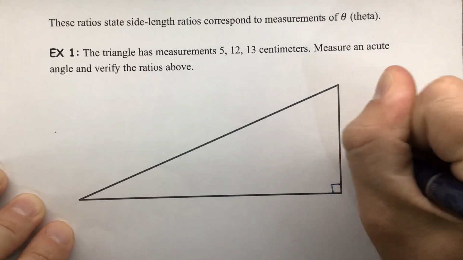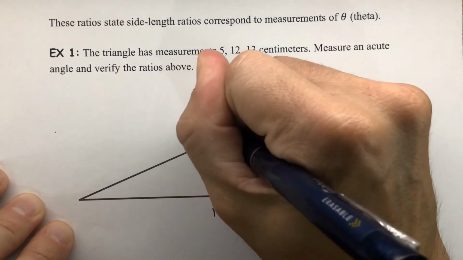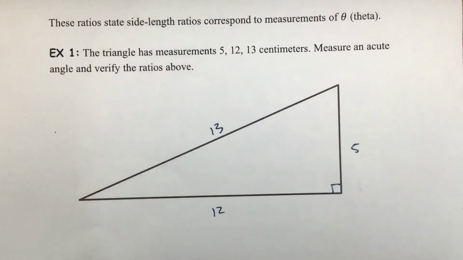Okay, so we have a 5, we have a 12, and we have a 13. It's also kind of useful just to check that out with the Pythagorean Theorem and see that it actually does work, right? And it's a way to test out the Pythagorean Theorem and start to verify, wow, that actually does make sense. The numbers turn out right, and if you measure them, they match up to that set.